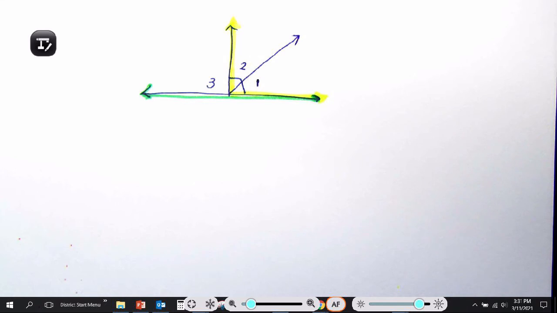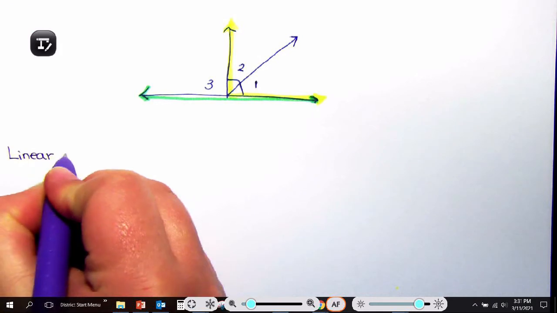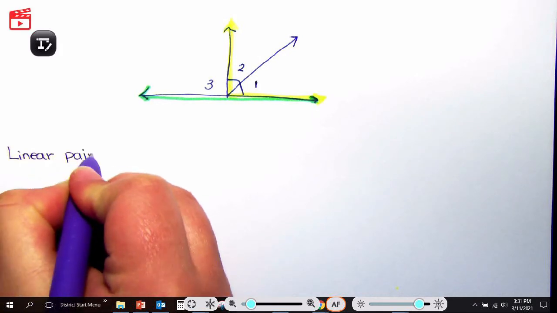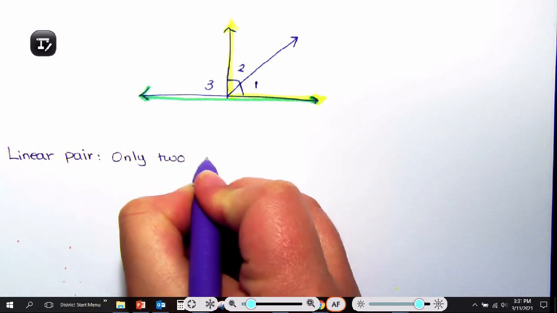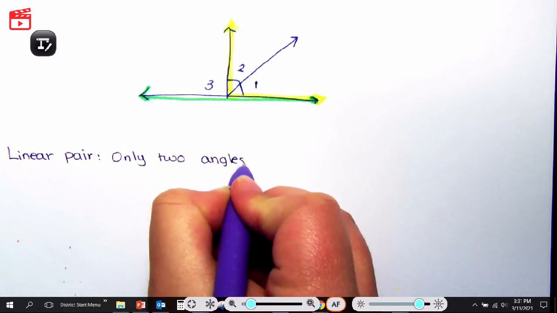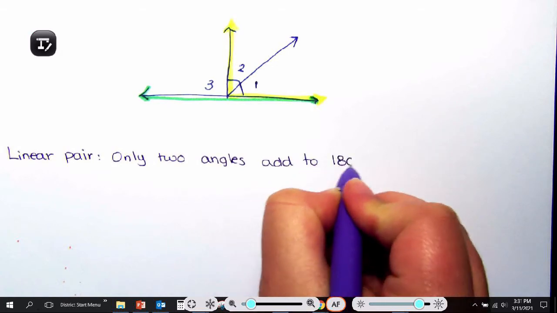So linear pair means only two angles add to 180 degrees.